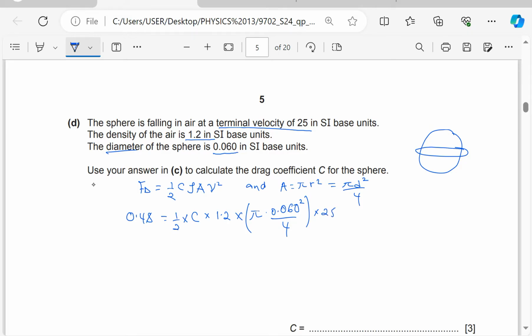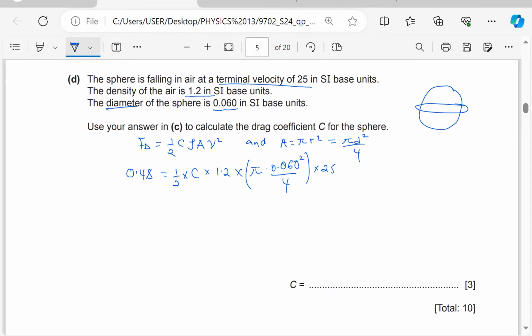So I'm just going to press my calculator. I don't always want to make the subject at this level, but I'll make c the subject then. So c is going to be 0.48. I'll bring in the 2, which is in the denominator. There is a 4 in the denominator here, so I'll say times 4, then divide by.